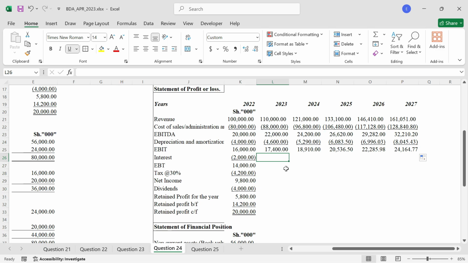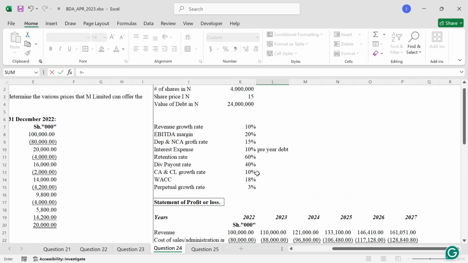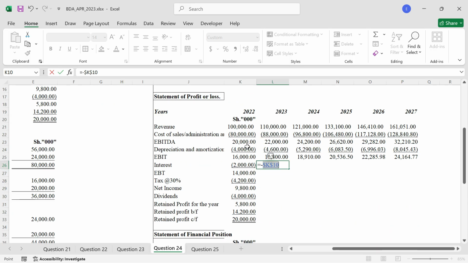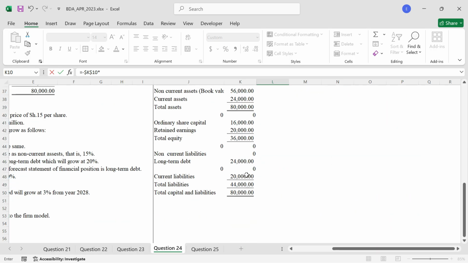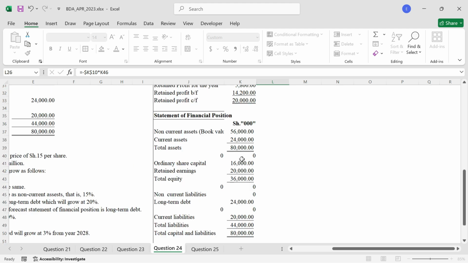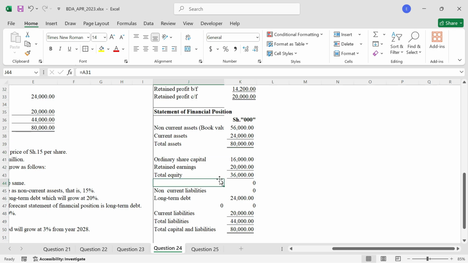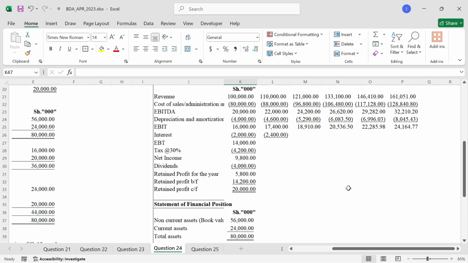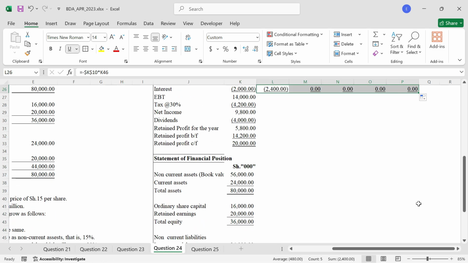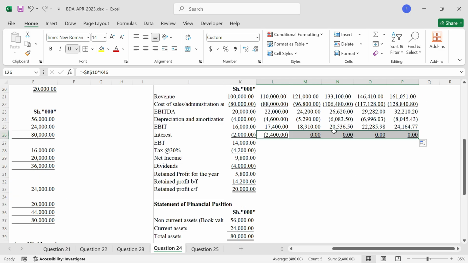Interest will be 10% of the previous year's debt, so this would be equal to minus 10%, which I lock, multiplied by the previous year's debt, which is 24,000 in 2022. This I can copy across. When I fill this in, my values here will also populate.